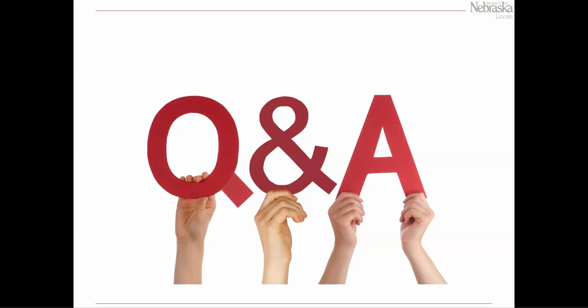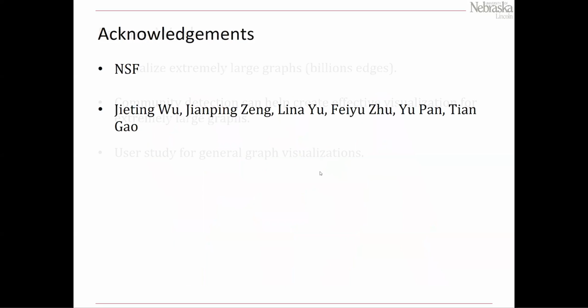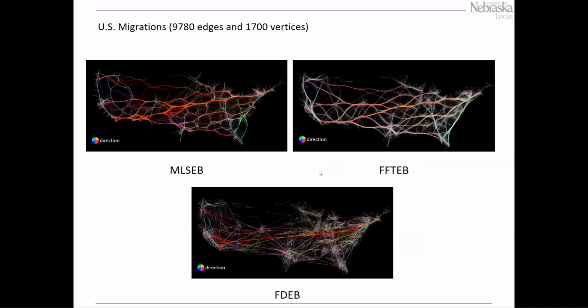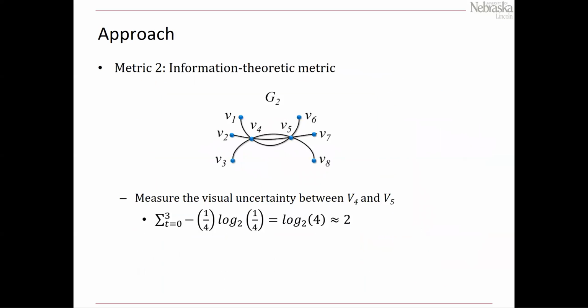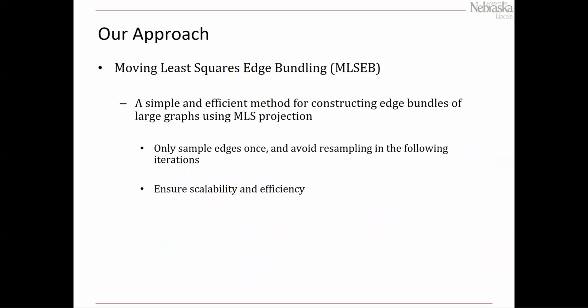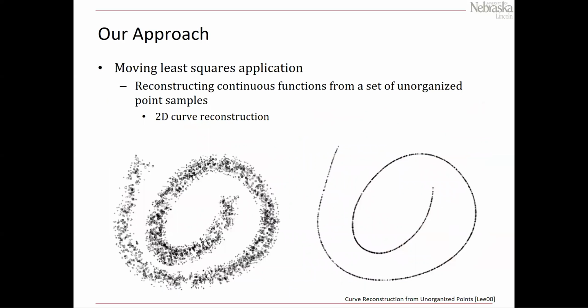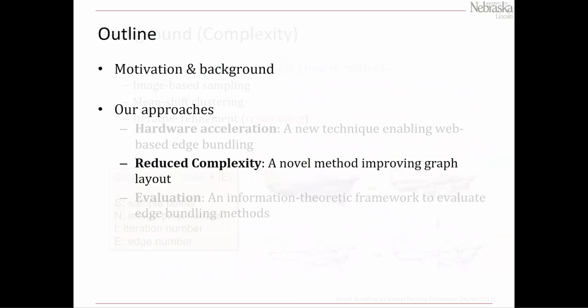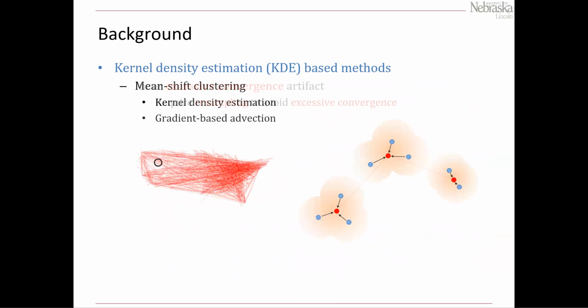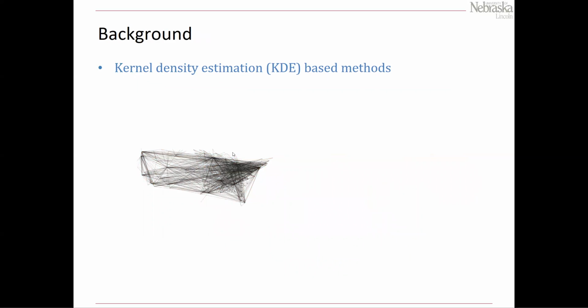So one type of algorithm is the kernel density based algorithm. Let me go back. I'm not sure if this answers the question, but a kernel density based algorithm, given this graph, locally groups these points.